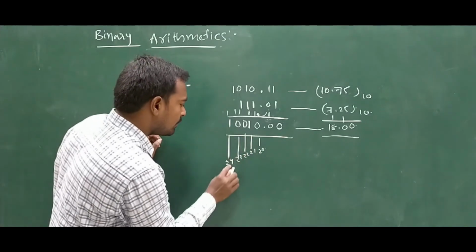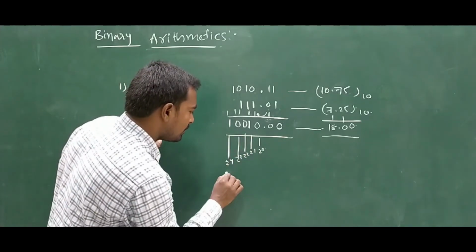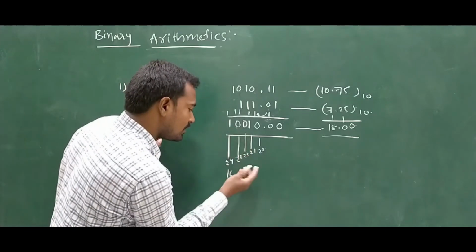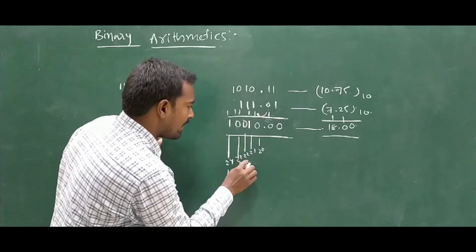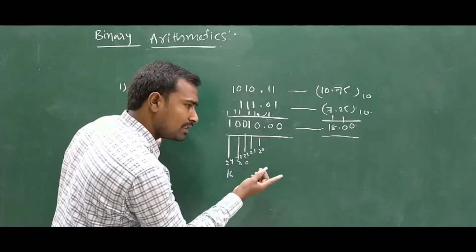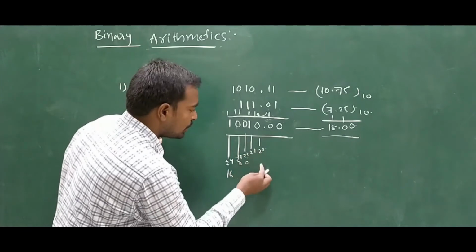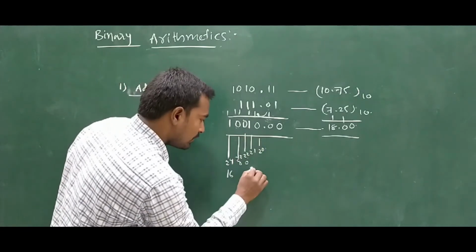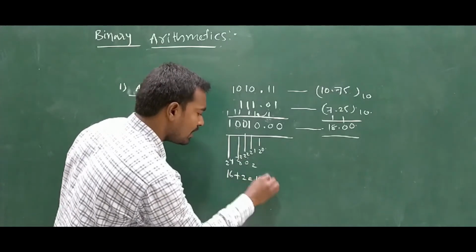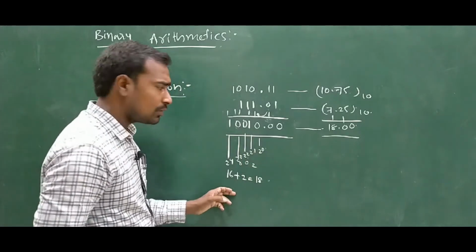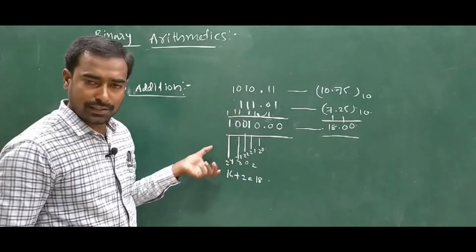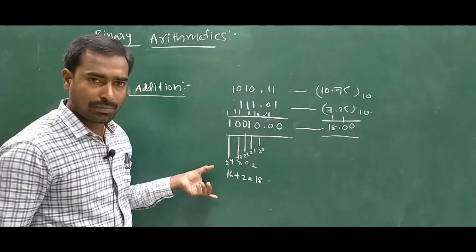So 2 to the power of 4 is equal to 16, and 2 to the power of 3 into 0 is equal to 0, and 2 square into 0 is equal to 0, and 2 to the power of 1 is equal to 2, and 2 into 1 is equal to 2. So 16 plus 2 is equal to 18. So this is the operation of addition in terms of binary arithmetic operations.